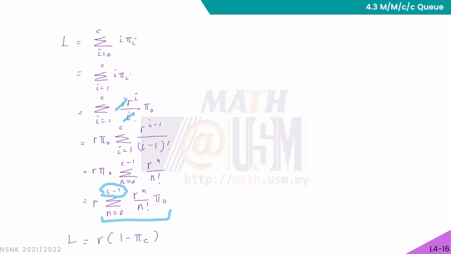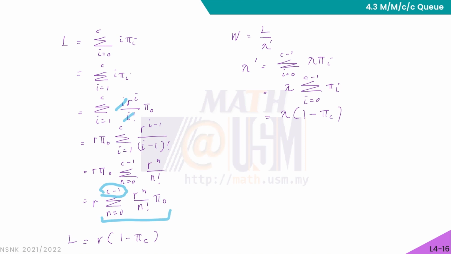Next for our W, W is equal to L over lambda efficient, since you have a limited waiting space. For lambda efficient, the summation of i equals 0 until c minus 1 of lambda π_i is equal to lambda times 1 minus π_c, similar to M/M/c/K.